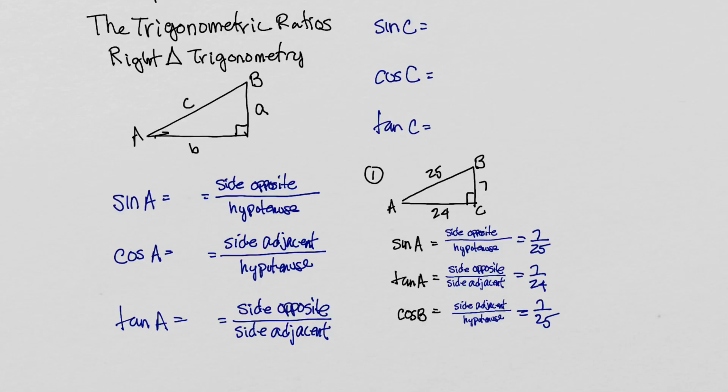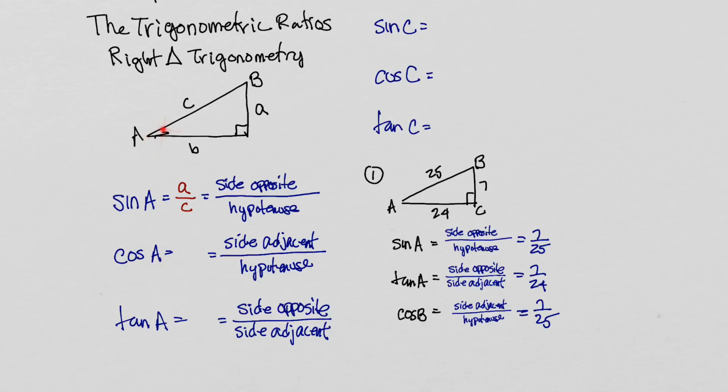Here's angle A. The side opposite is that lowercase a. You know what? Let's even do that in red. This is going to be a over the hypotenuse, and the hypotenuse up here is c. So we'll write c.